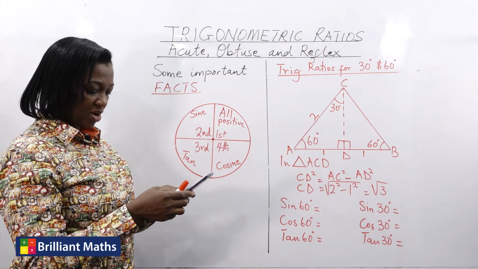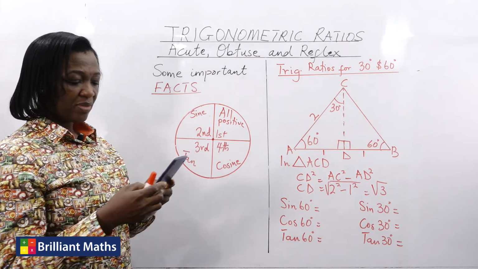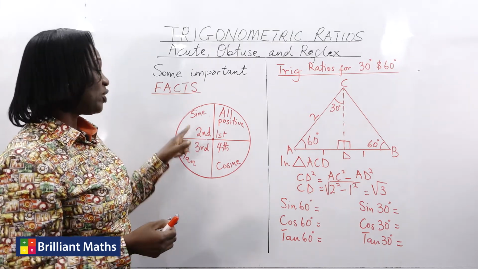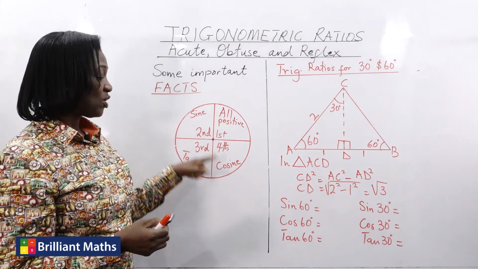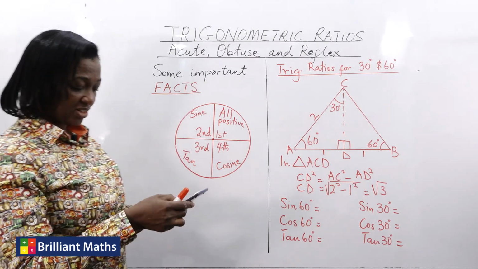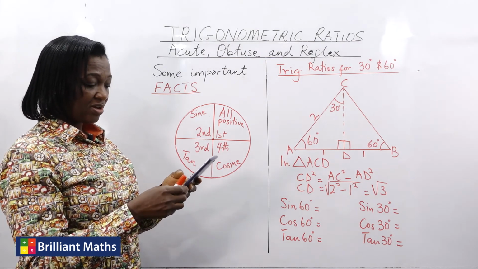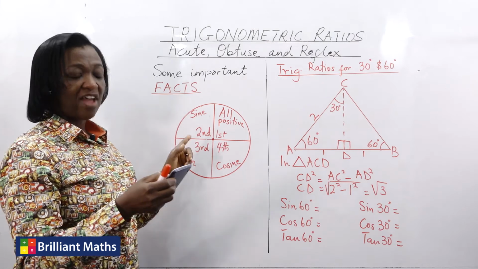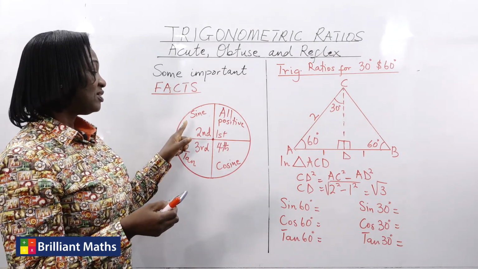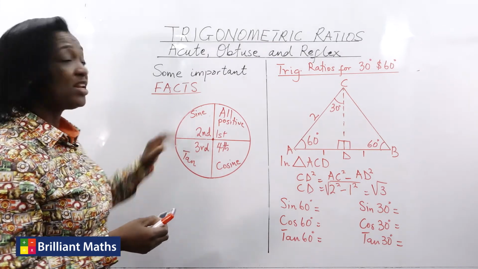Cos 100 is equal to minus 0.17. So in the second quadrant, cosine is negative. Let's also find the tangent. Tan of 100, and it's minus 5.67. So in the second quadrant, cosine and tangent are negative, while sine is positive.